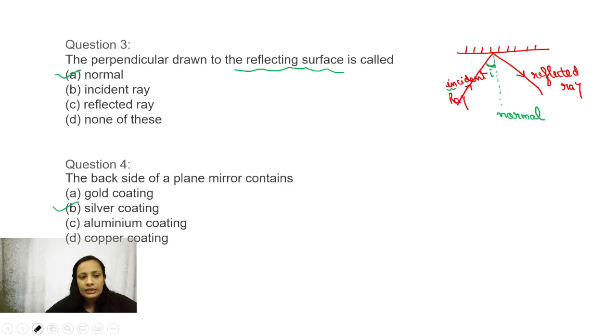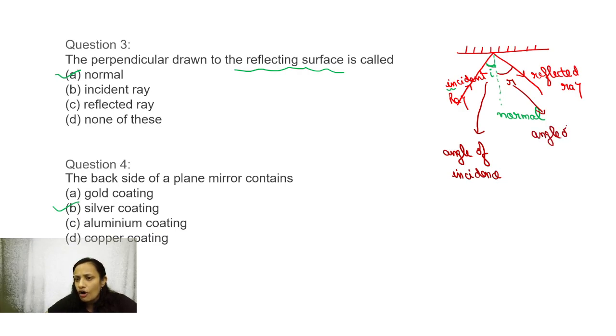And the angle between the reflected ray and the normal is denoted by R. We usually denote the angle between the incident ray and the normal with I, whereas the angle between the reflected ray and the normal is denoted by R. So this I is known as angle of incidence, whereas this angle R is known as angle of reflection.